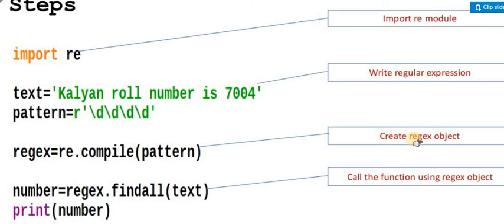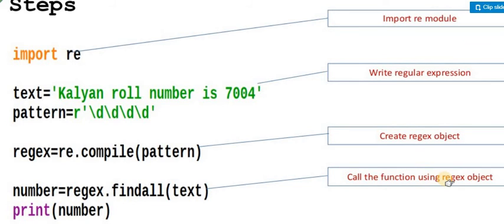So here I am creating the regex object. By using that object, findall is the method through which we are finding that pattern in this string. So regex.findall, in the brackets I am giving the text, and it will find whether 4 digits occur in this string or not, and whatever is the result is stored into the variable number.